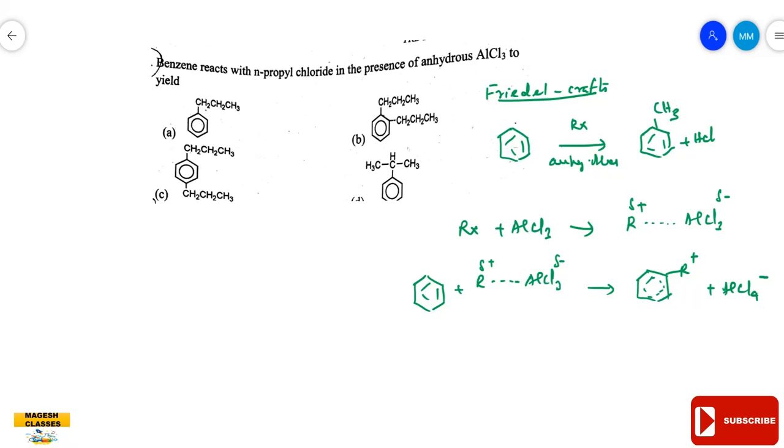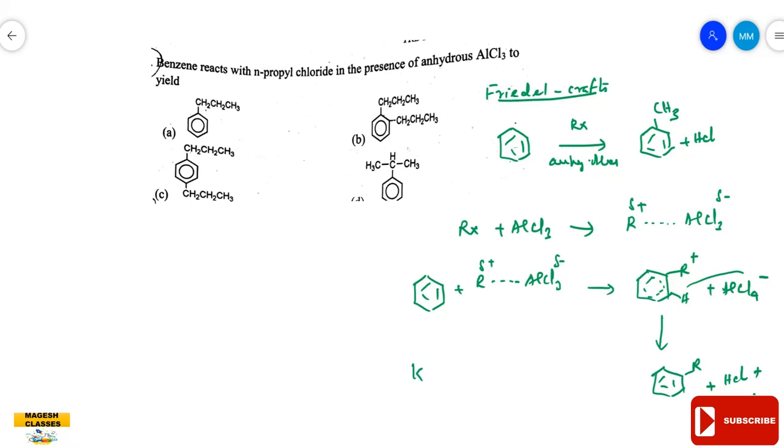Here the plus is present on the carbon, so it is a typical carbocation, and the adjacent hydrogen atom is displaced. You get the product, the alkyl benzene, and HCl, and AlCl3 is recovered.